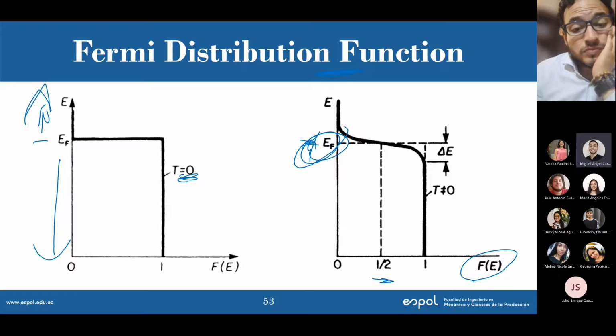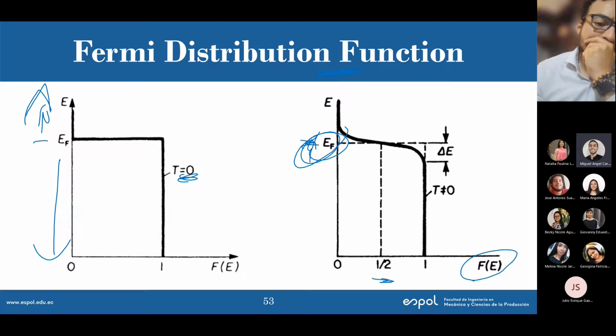I want to understand how we came up with the probability when the temperature is different than 0. The probability is half of the energy.